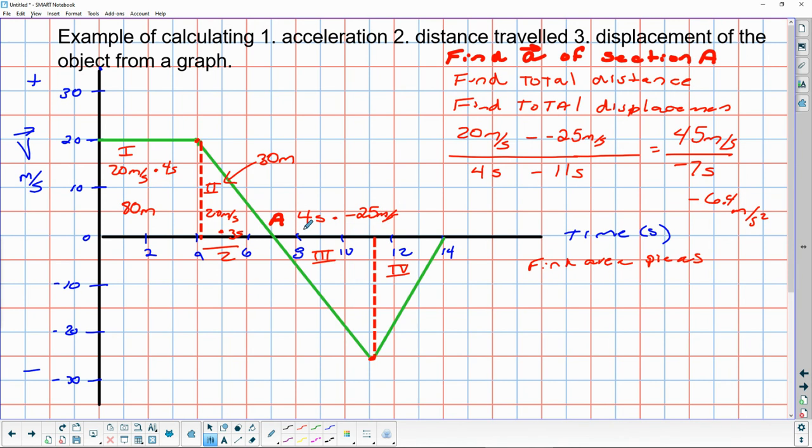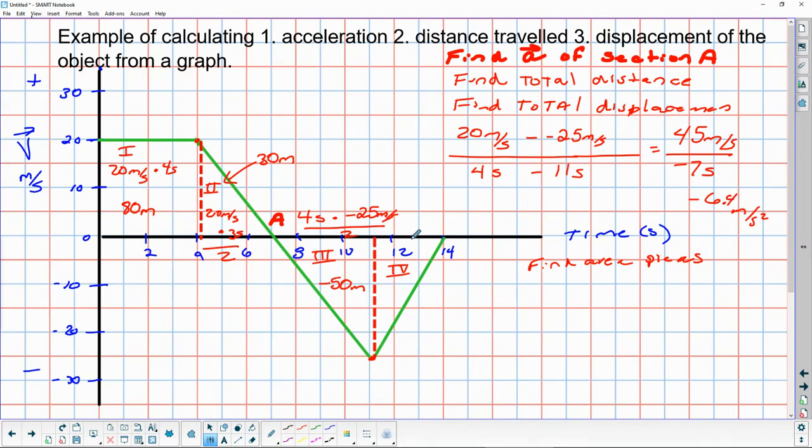It's a triangle, so we're going to divide by 2. So this one is 4 times negative 25 divided by 2, or negative 50 meters. And we've got the last triangle here.